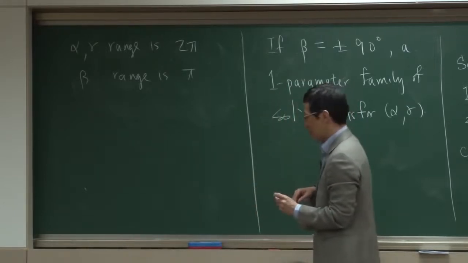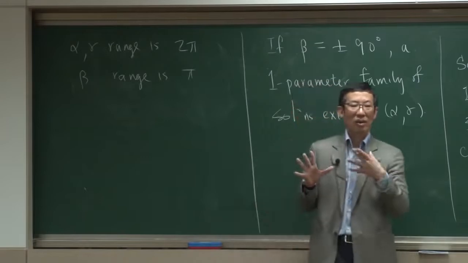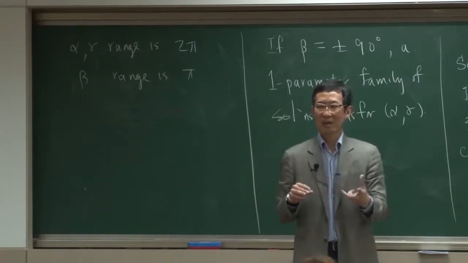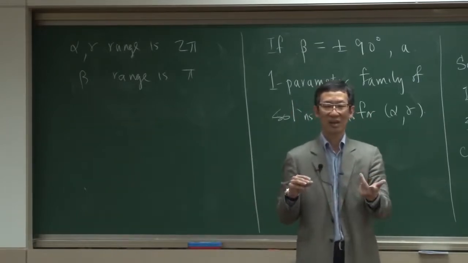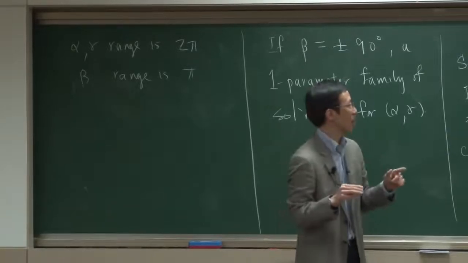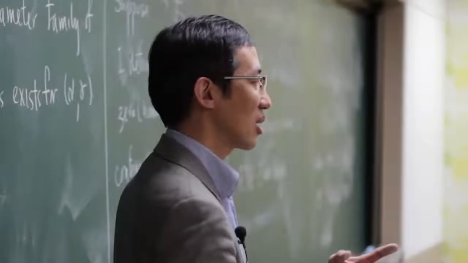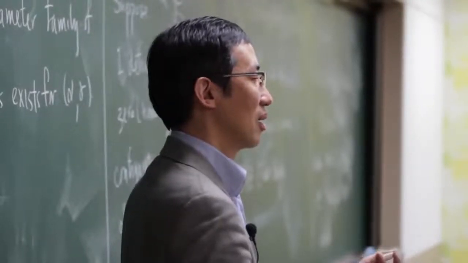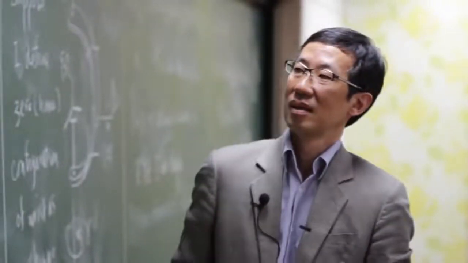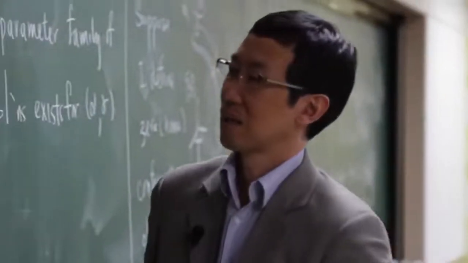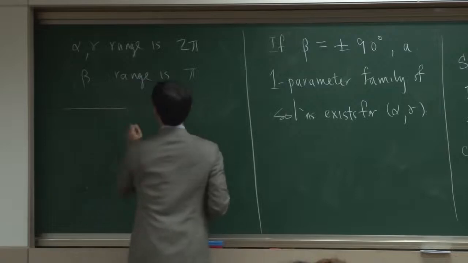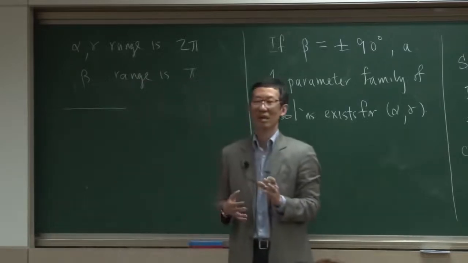So when you're using Euler angles to describe orientations, always specify which Euler angles. Is it ZYX, ZYZ, XYZ? Whatever permutation you use. All right, so there you go, Euler angles.